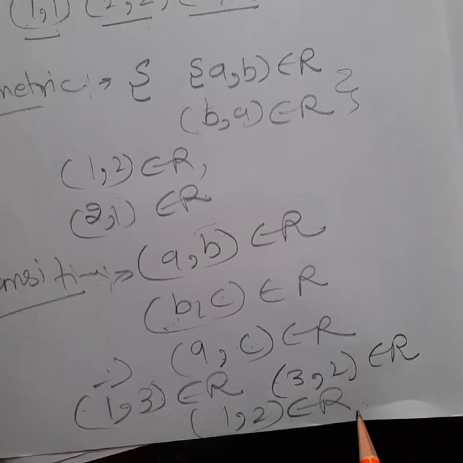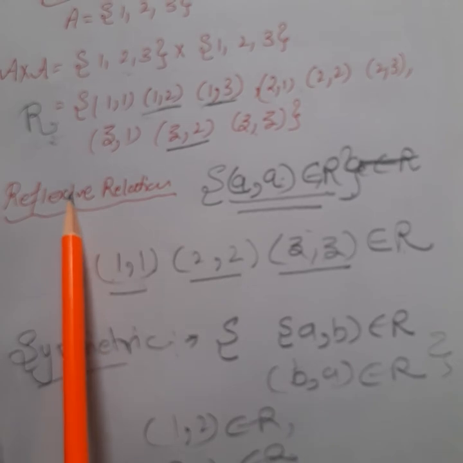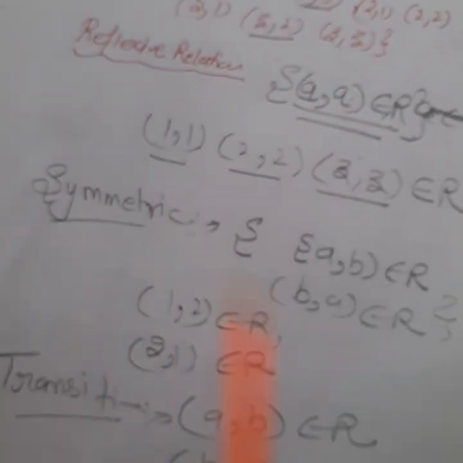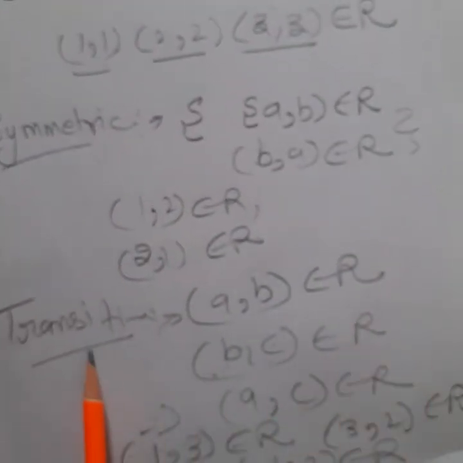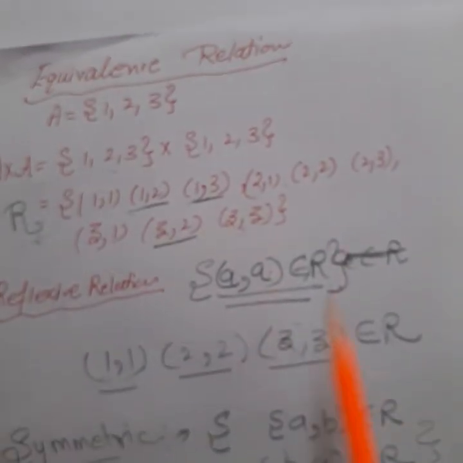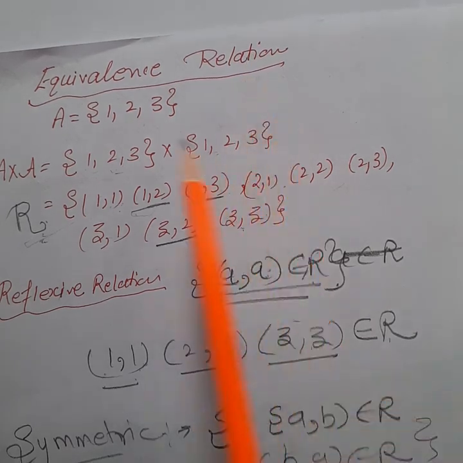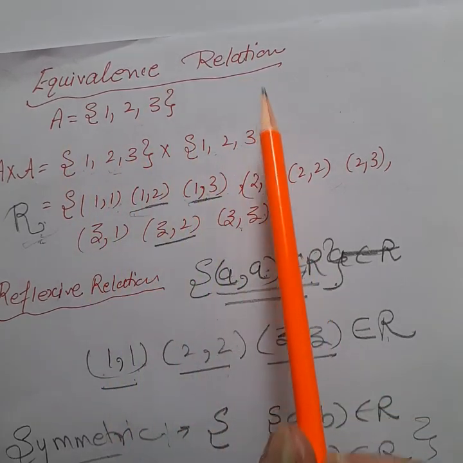So students, a relation which covers three types of properties, reflexive, symmetric, and transitive, is called an equivalence relation. Okay, then this question covers an equivalence relation.